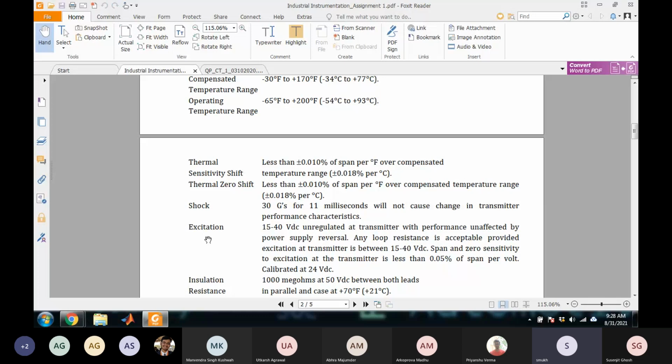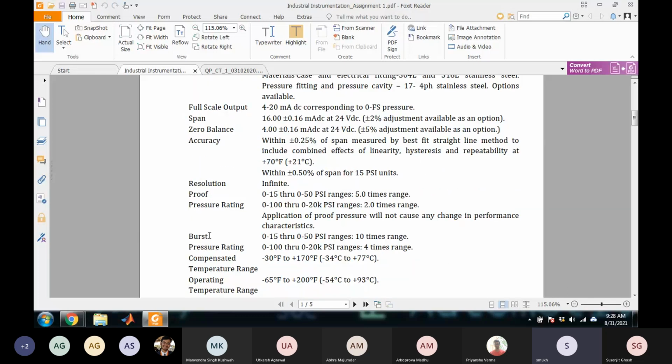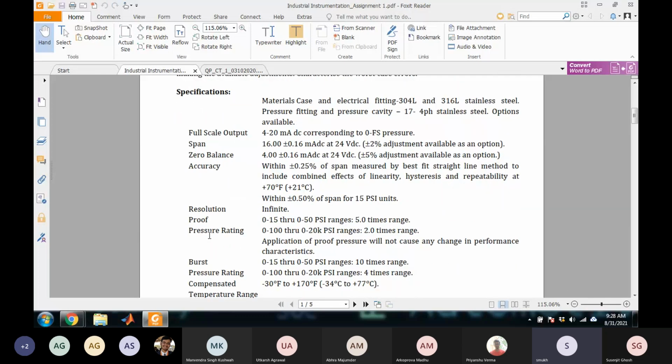So all the specifications that are being mentioned, the 16, 4, etc., they all hold at 24 volt DC. If the excitation changes, these values will change. How they will change is written below. So what is this plus minus 0.16?